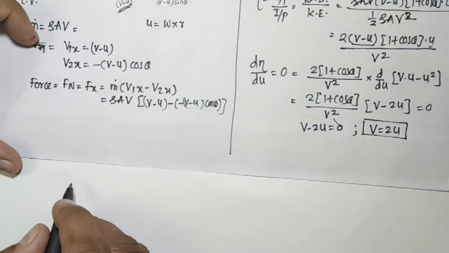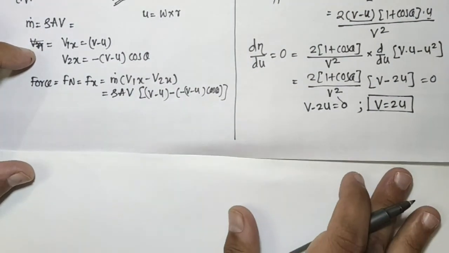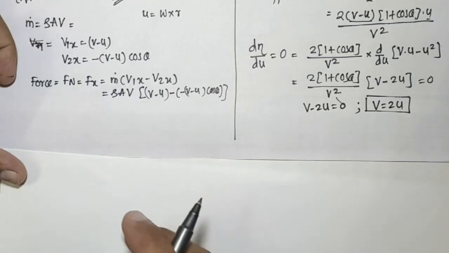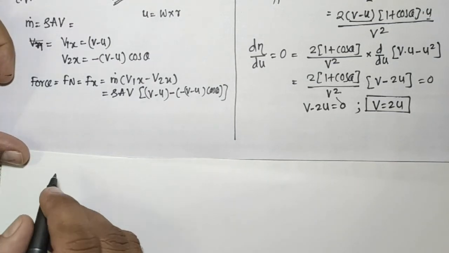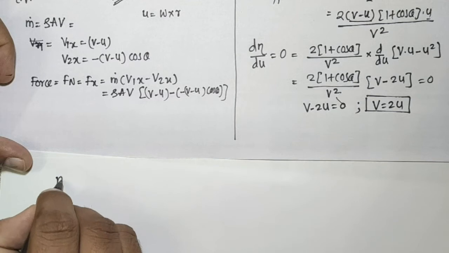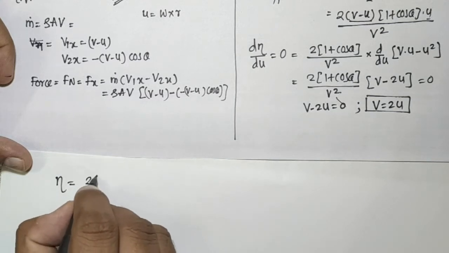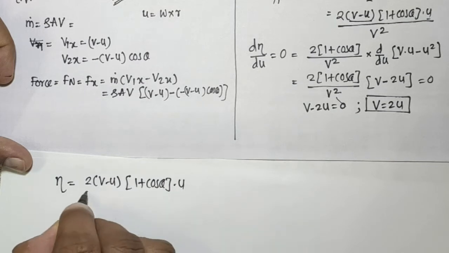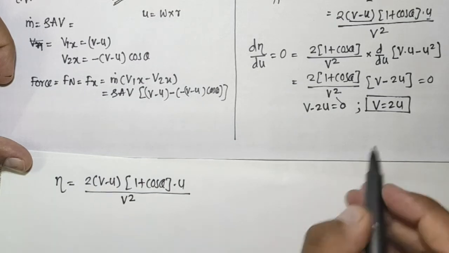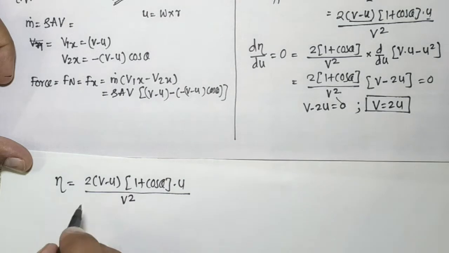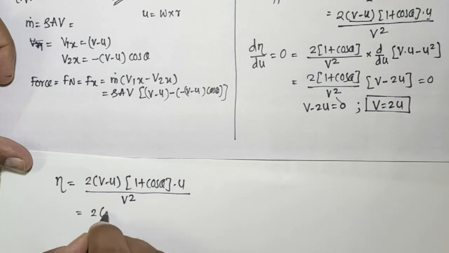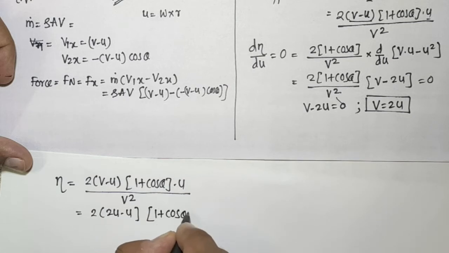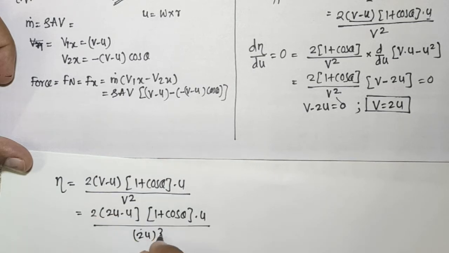You will have 2 (v minus u)(1 plus cos theta) into u divided by v square. So we will replace this v by 2u. So what you will get? 2 (2u minus u) bracket complete (1 plus cos theta) into u divided by v, which is nothing but (2u) bracket square.